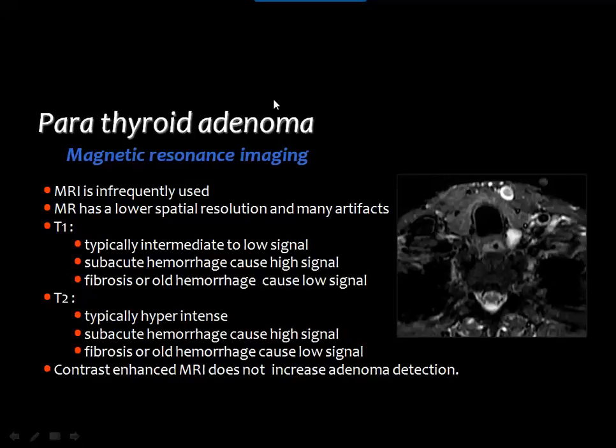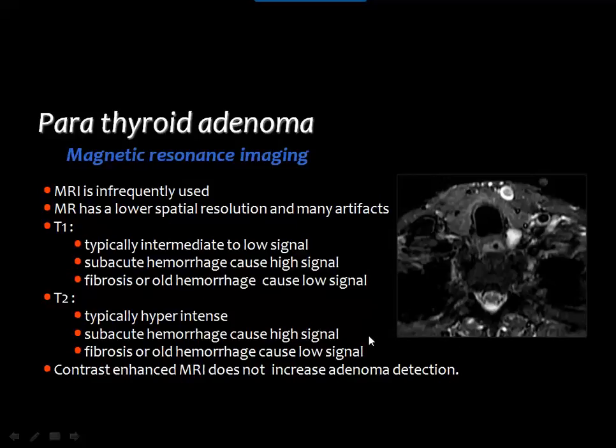Parathyroid adenoma, if it is relatively sizable, in the range of 1 centimeter or more, can be detected easily by MRI, especially in the T2 weighted image. And you see here a bright lesion located posterior to the left thyroid lobe. In the T1, the lesion is of intermediate signal, and in the T2 it will show high signal.